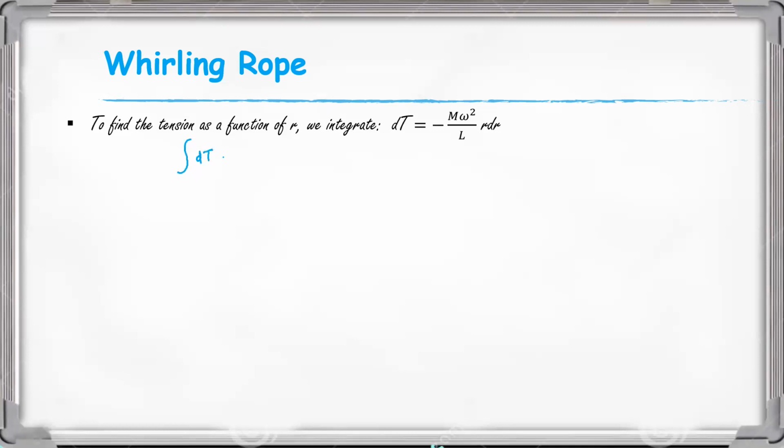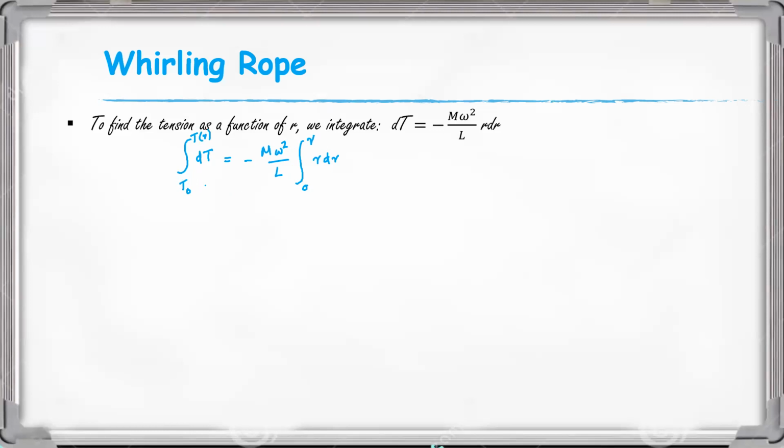Integral of dT is equal to minus m omega square divided by L times integral of r dr. Here we take the limit from 0 to r, so for T, I take the limit from T0 to T of r.